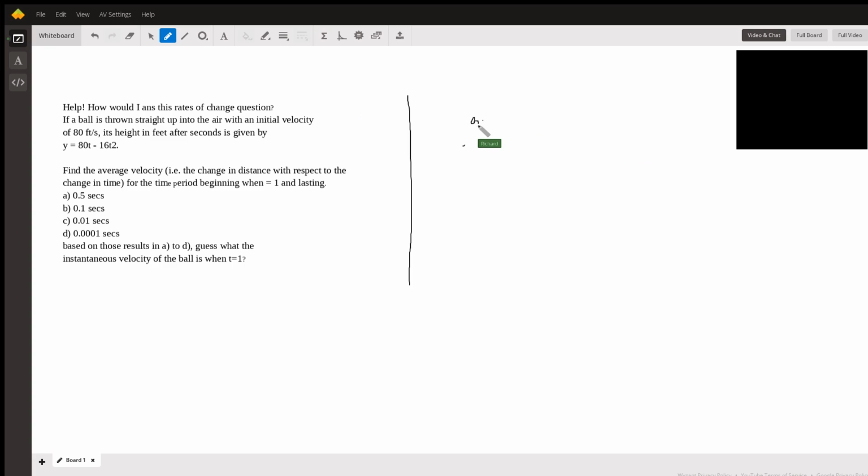Average velocity is just the distance traveled over elapsed time.